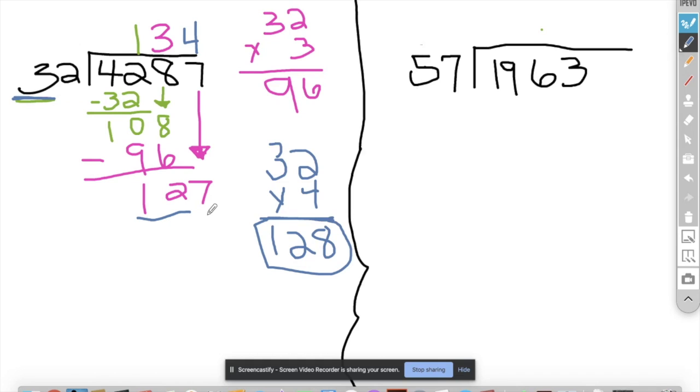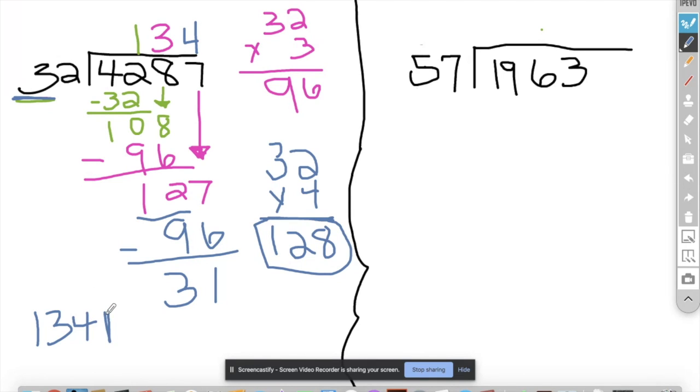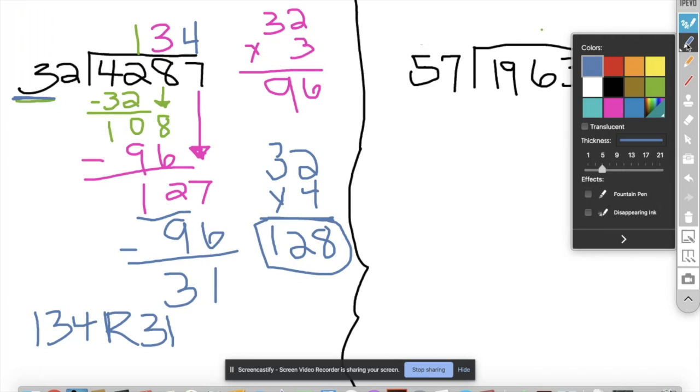So I am going to subtract 96. 7 minus 6 is 1. 12 minus 9 is 3. So my answer is 134 with the remainder 31. Okay, so let's look at this other problem.